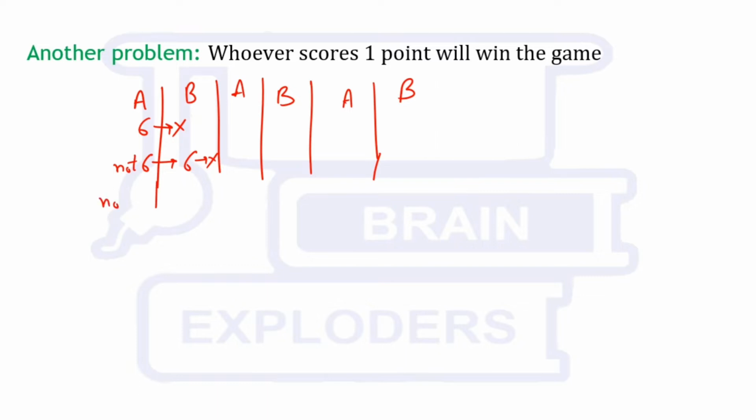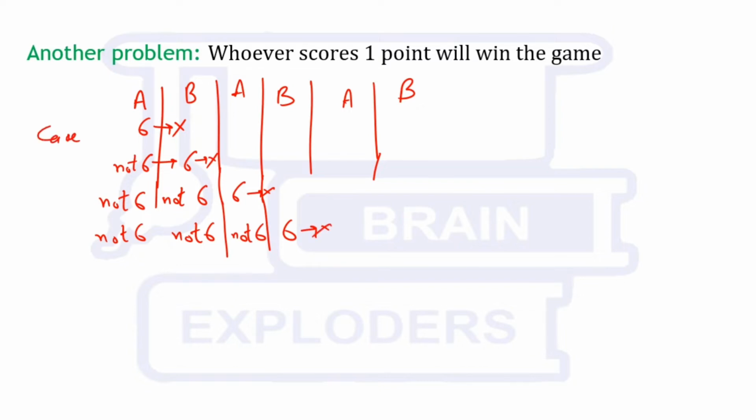Now there is a possibility that at the first move A is not getting a 6, in the second move B is not getting a 6, and in the third move A gets a 6 and the game ends. And in this way other cases are possible. As soon as the player gets a 6, the game ends.